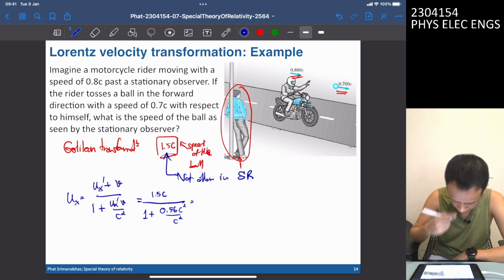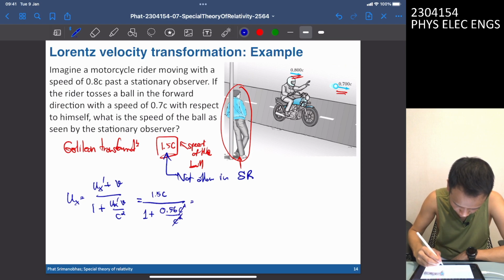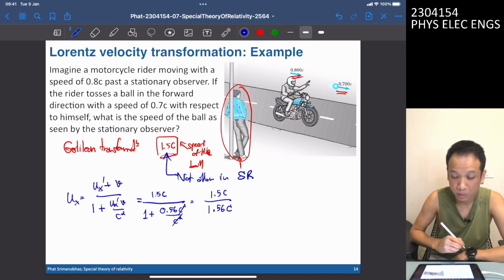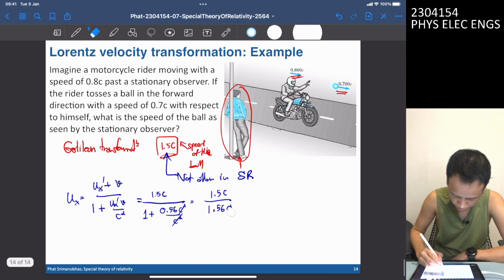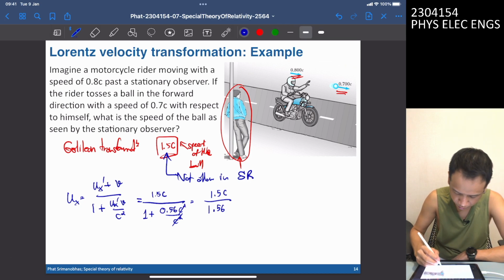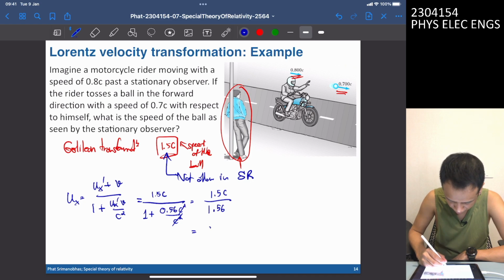So the c's cancel. Finally you get 1.5 c divided by 1.56. Oh, sorry, you should not have c in the denominator. So clearly this is less than 1, and finally you get something like 0.95 or 0.96 c.